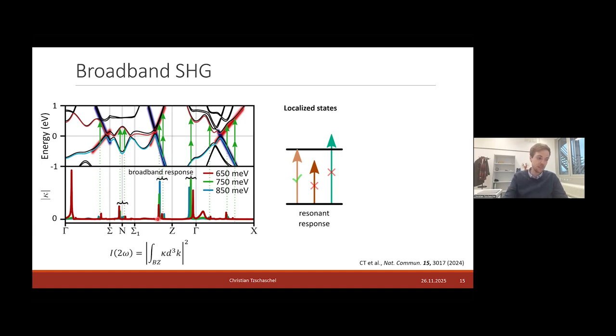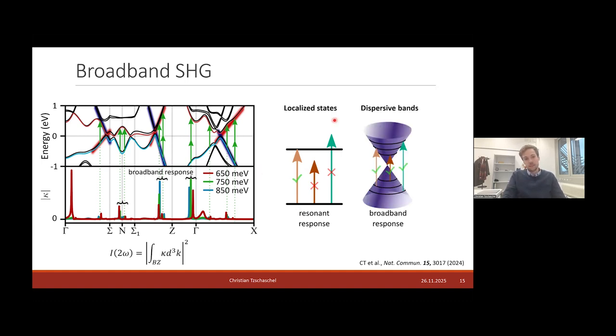And then there are a whole lot of other contributions to this kappa at different points in the Brillouin zone. Those typically occur in locations where the bands are dispersive, like along these points. So as we change the photon energy, the position in k-space where the transition happens moves a little bit.